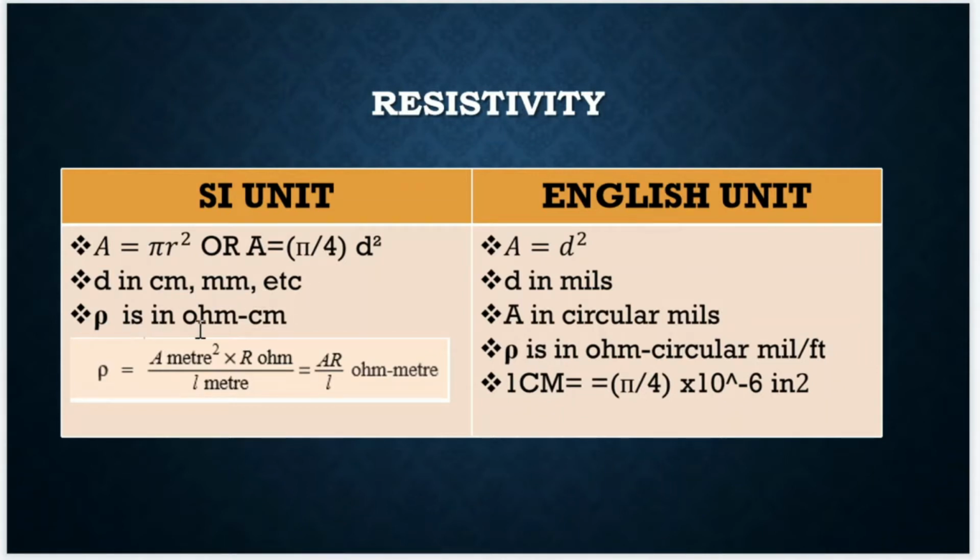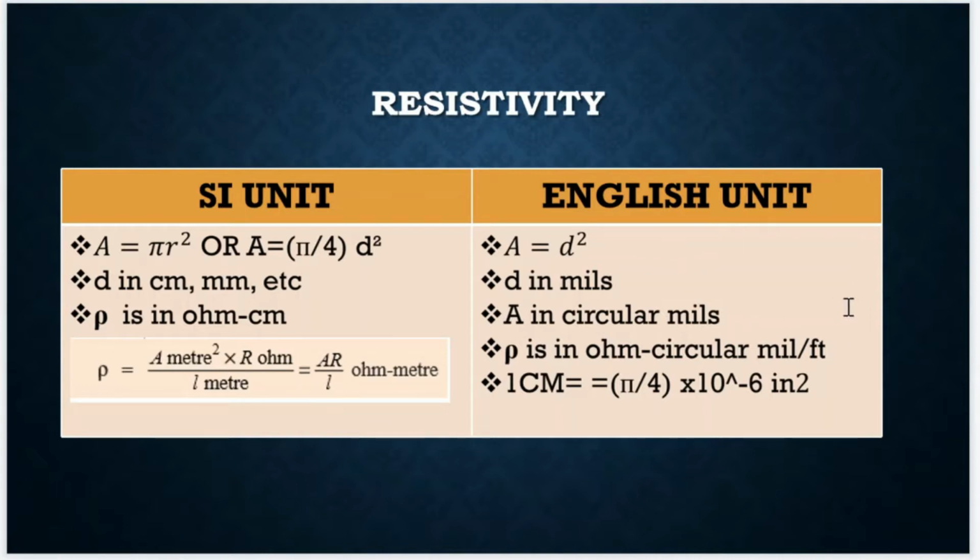Rho is in ohm centimeter. This rho is our resistivity, equal to our area in square meter times the resistance in ohm, divided by our length in meter. So that is A R over L, in ohm meter.